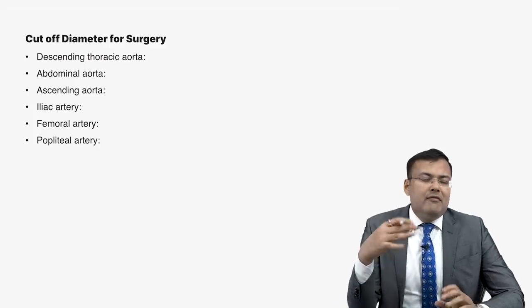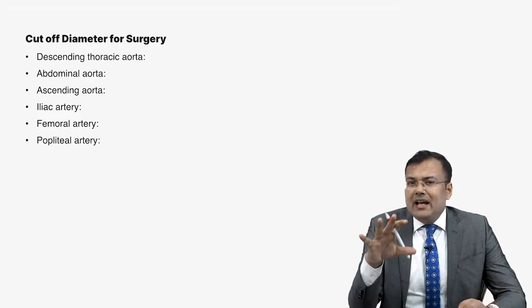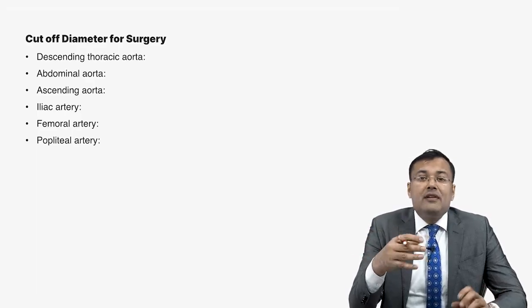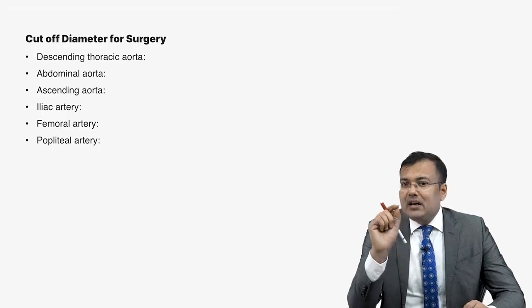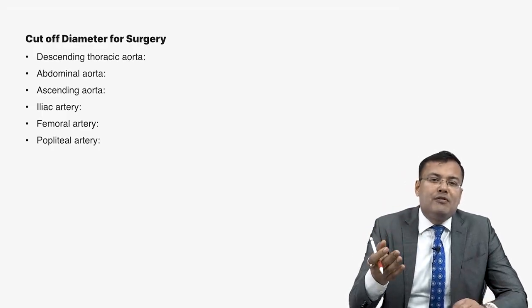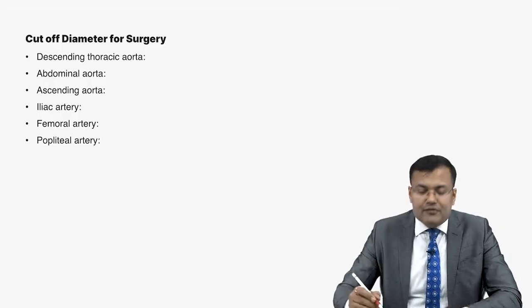Whenever we are performing investigations and make the diagnosis of aortic aneurysm, there is a cutoff diameter before which you should perform the surgery. What is the cutoff diameter for surgery?